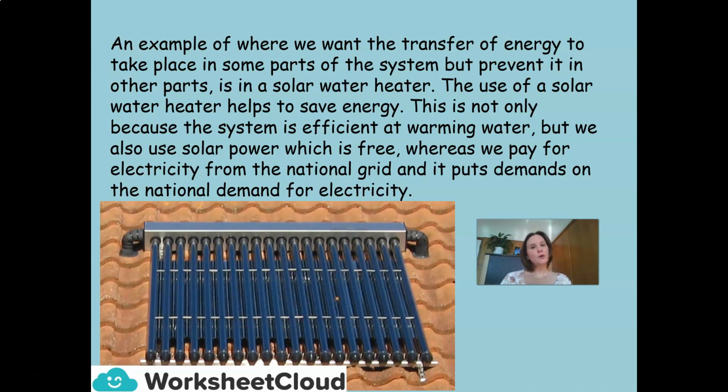This is not only because the system is efficient at warming water, but we also use solar power, which is free, whereas we pay for electricity from the national grid, and it puts demands on the national demand for electricity. So solar geysers are big in South Africa.